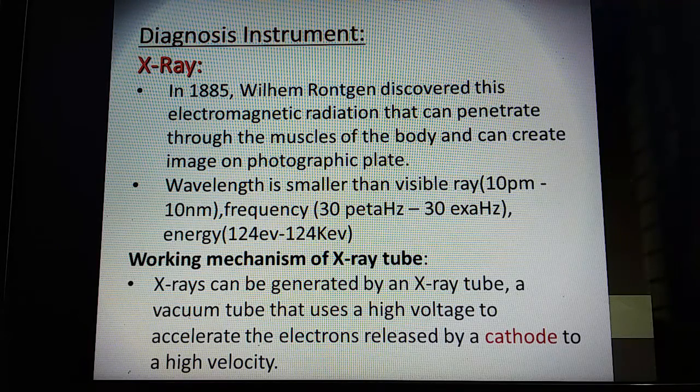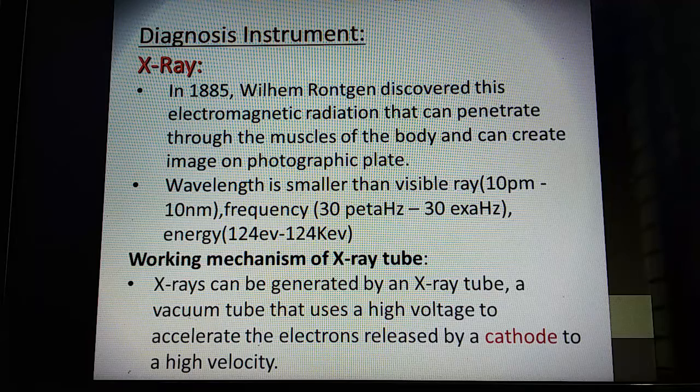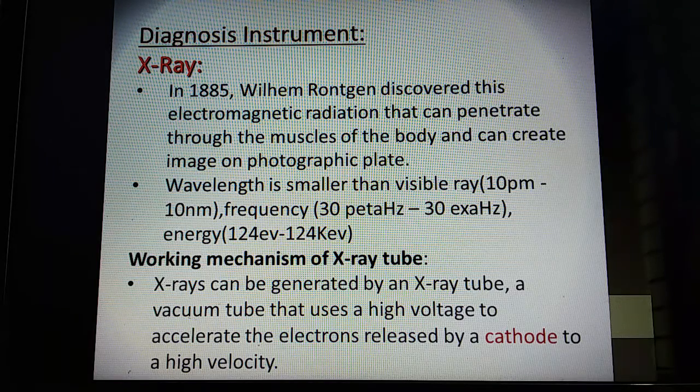If we want to know about the working mechanism of the X-ray tube, X-rays can be generated by an X-ray tube, a vacuum tube. This is a vacuum tube that uses a high voltage to accelerate the electrons released by a cathode to a high velocity.